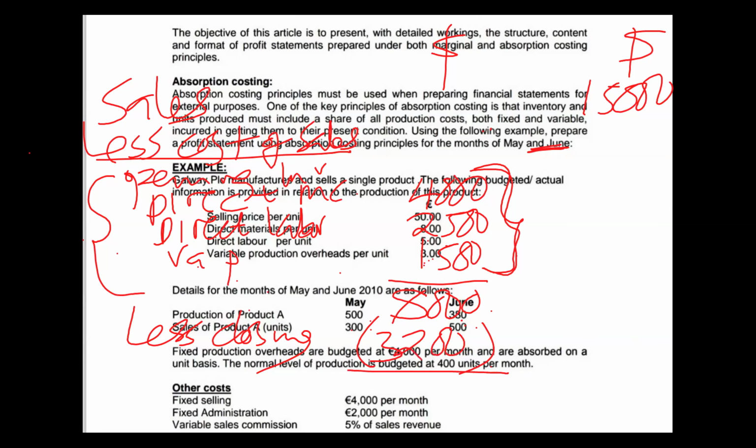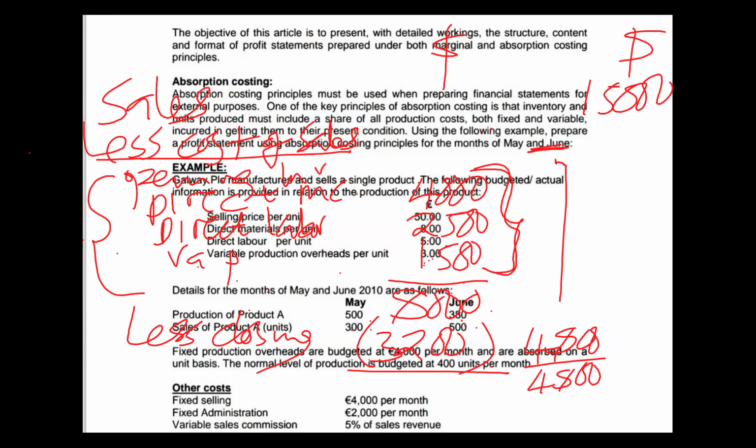Okay. So when you deduct this from that, what do you find? 4,800. This 4,800 now is what you add to the opening inventory. Let's assume you have added it to opening inventory, because the opening inventory in our case is 0. There is no opening inventory in this case.